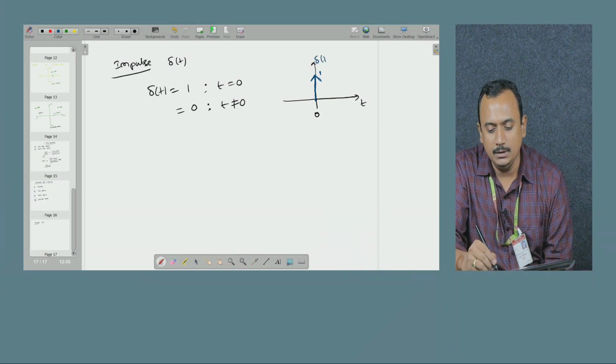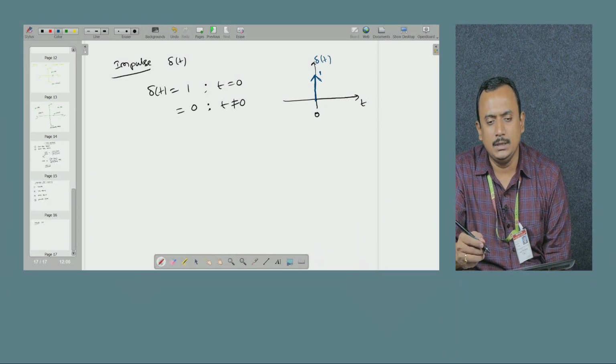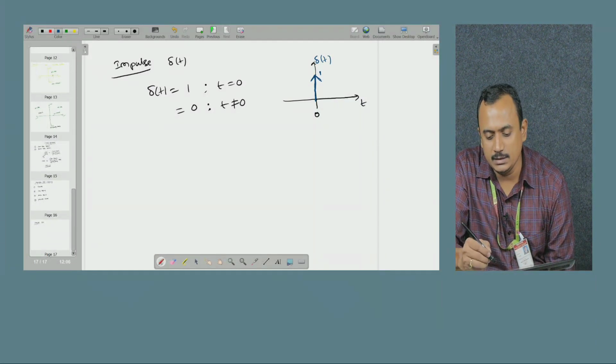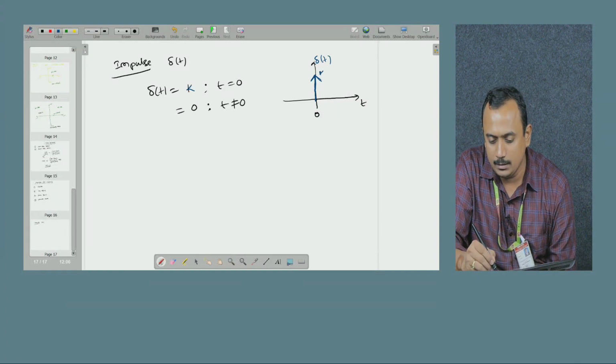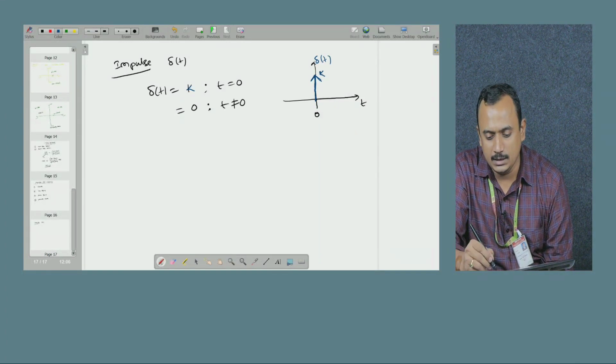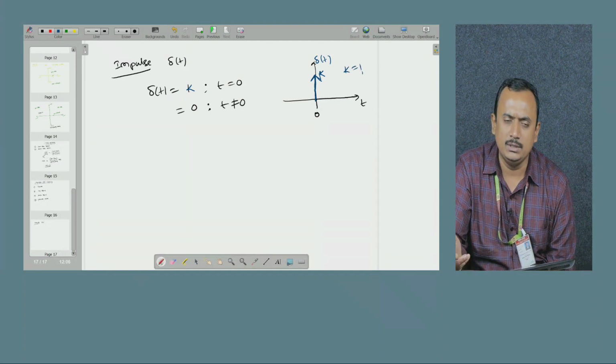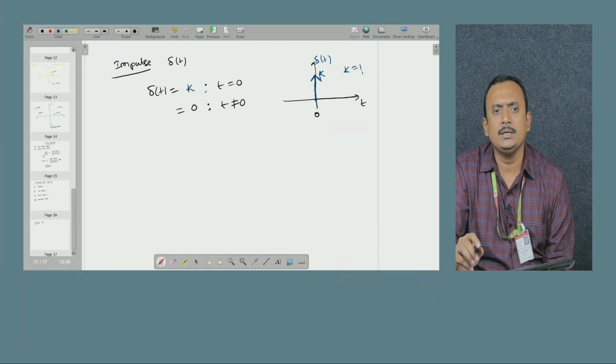This is del of t, and del of t is equal to 1, or I can say some k. K is anyhow a constant value. This k may be 1, 10, 20, 30, 34, whatever it is, right?